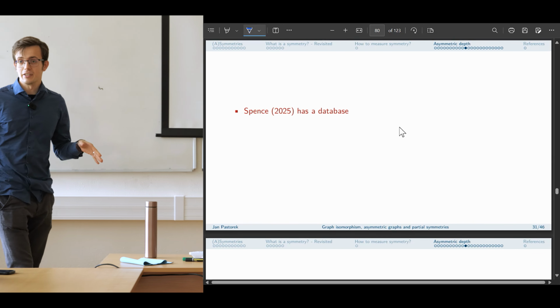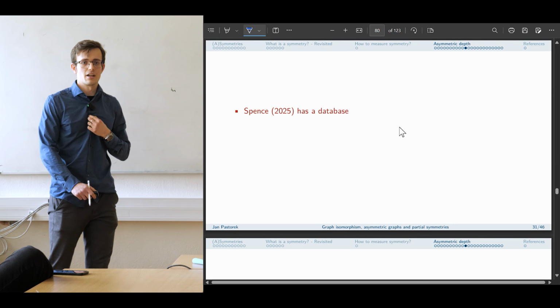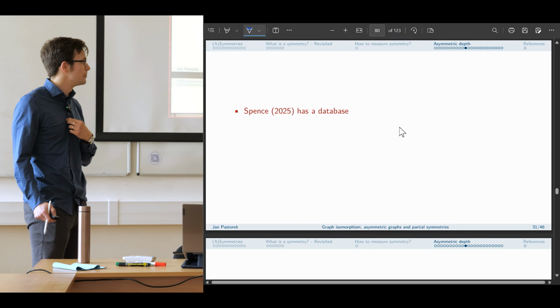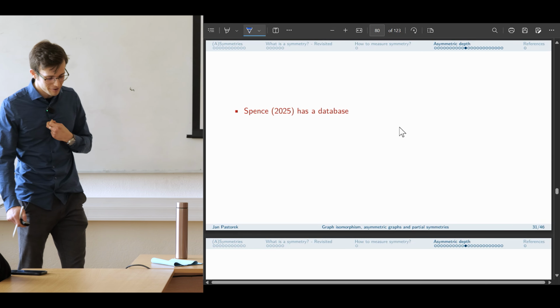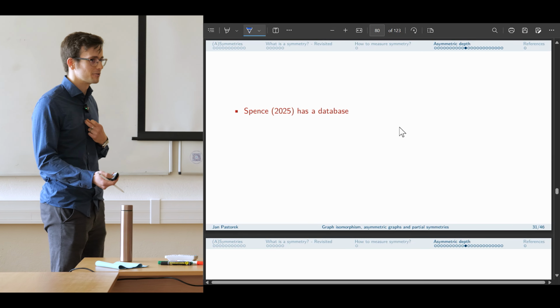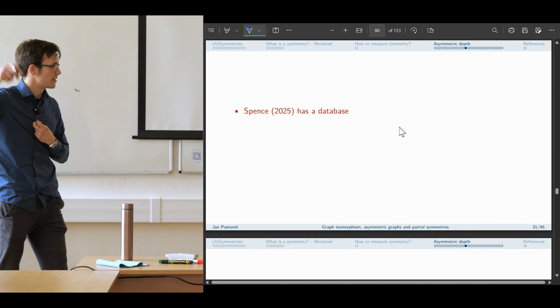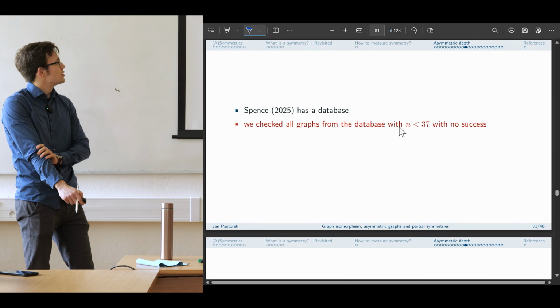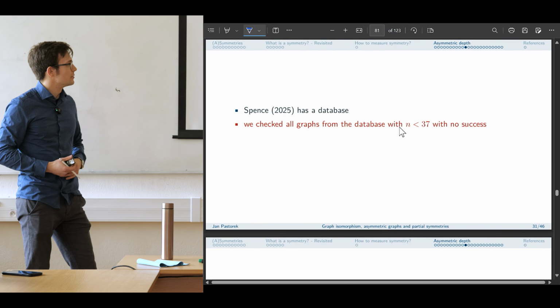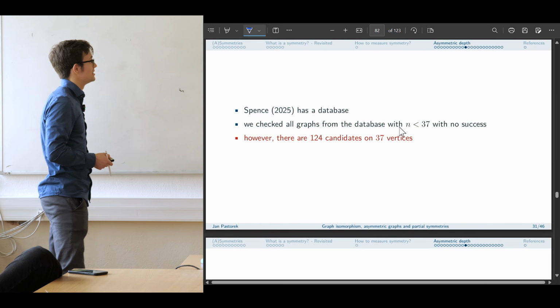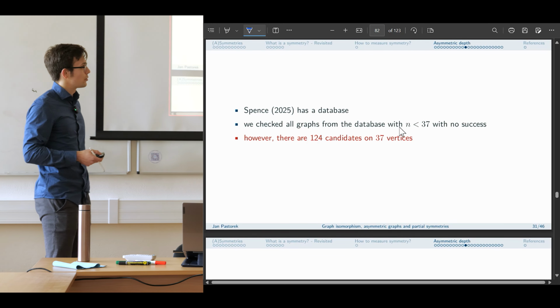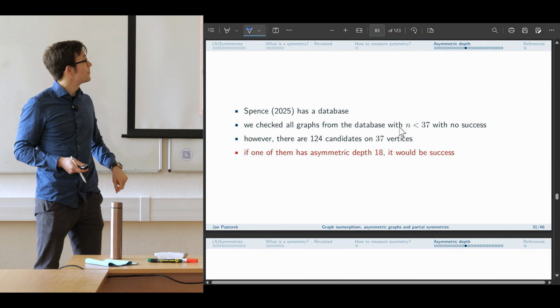And as it turns out, there are such graphs. There are many of them. The problem seems to be to check whether they have this asymmetric depth, because the time complexity scales very fast. So we checked all graphs from the database with more than 37 vertices, no success. But then there are 124 candidates on 37 vertices.